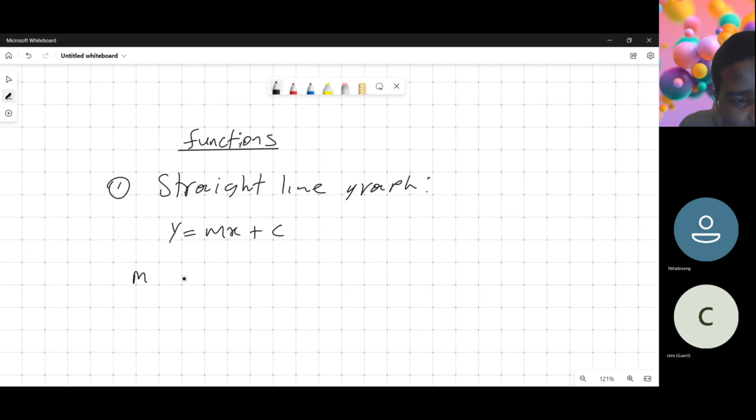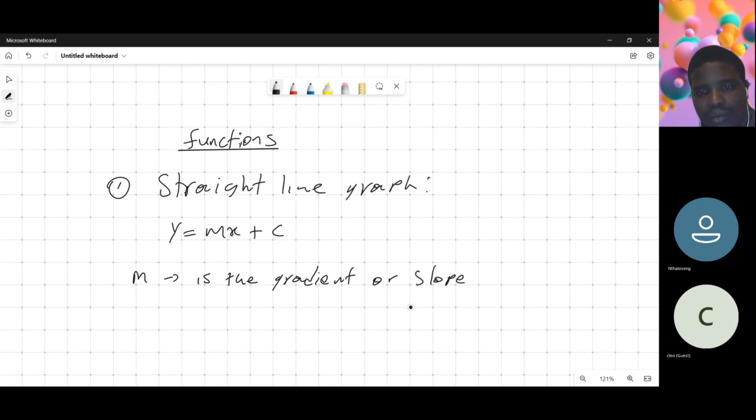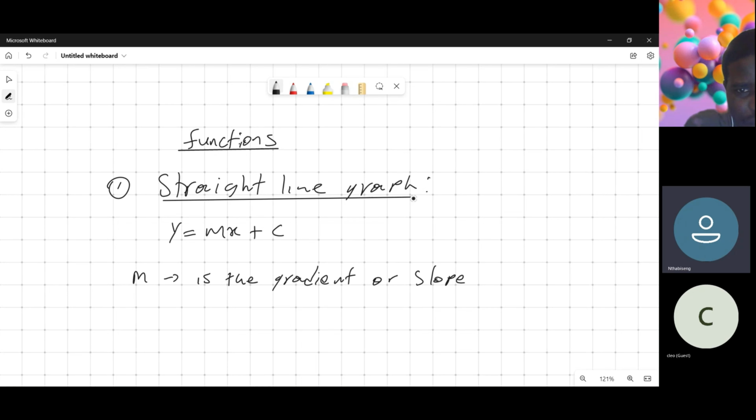M is the gradient, or slope. This equation of a straight line will also be dealt with when you do analytical geometry.